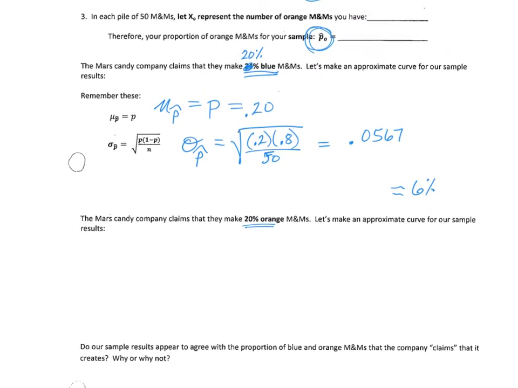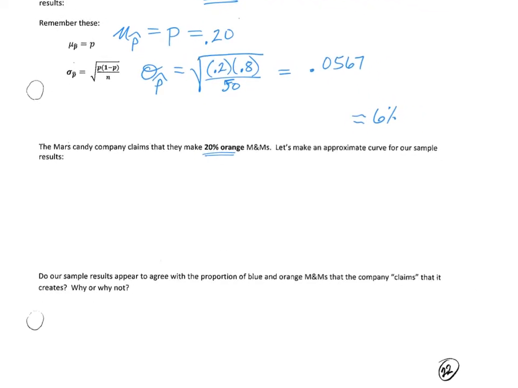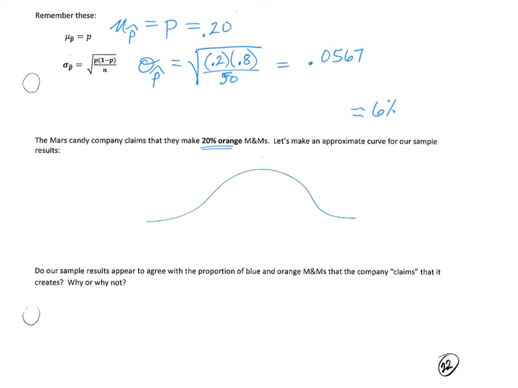So because of that, let's just draw ourselves a quick little normal model here. It's supposed to be centered at 0.2. How much is 2 standard deviations up? 0.32. So if you have a p hat above 32% blue, you're an outlier. And let's go down.